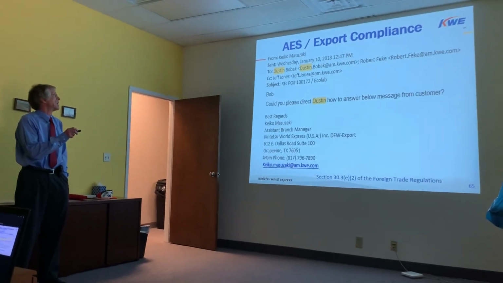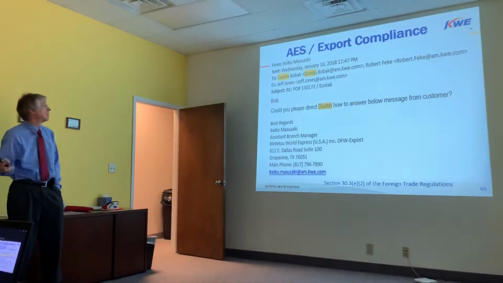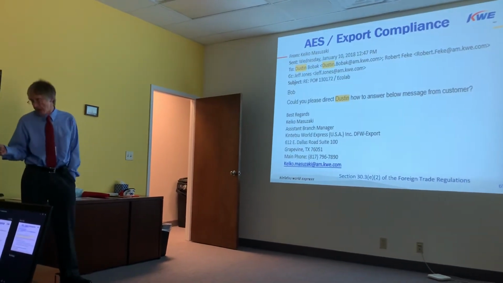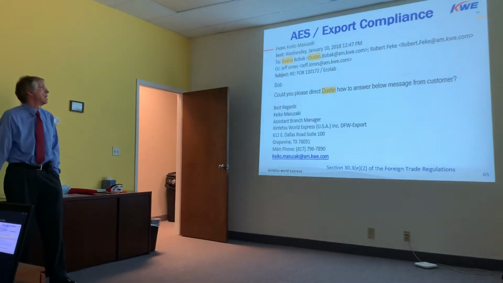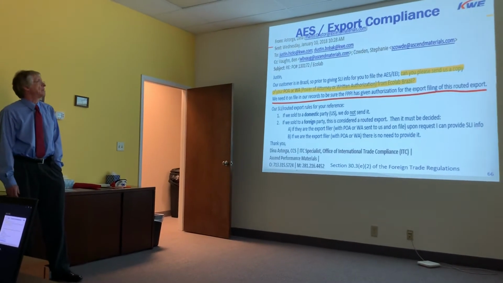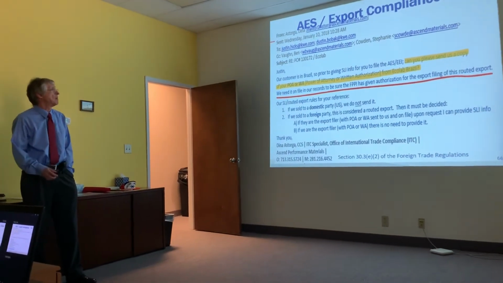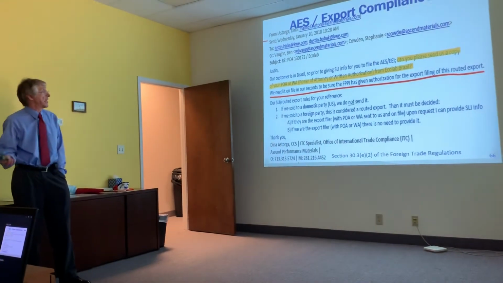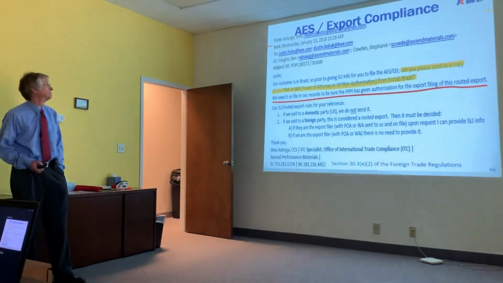Now this is a message that I got from Keiko Masazaki about two years ago, asking me how Dustin should reply to a message that he got from one of his customers. And that message was this. The customer, the shipper, was asking them for a copy of the POA or a written authorization that they obtained from the consignee, which in this case was Ecolab Brazil.